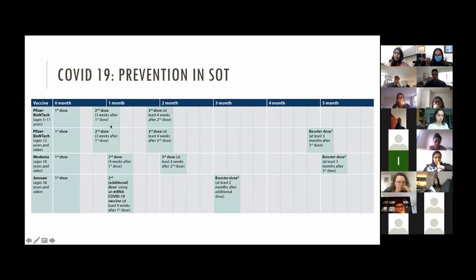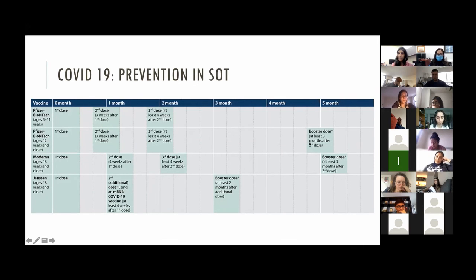So just to be clear, all SOT recipients have a 3-dose series, not a 2-dose series, for COVID vaccine after their transplant. And that's because of the data suggesting that most transplant patients don't mount a response with just 2 doses. Some patients after even 3 doses won't have a sufficient vaccine response. We'll talk about that in a little bit.